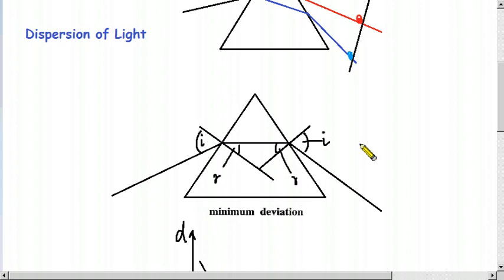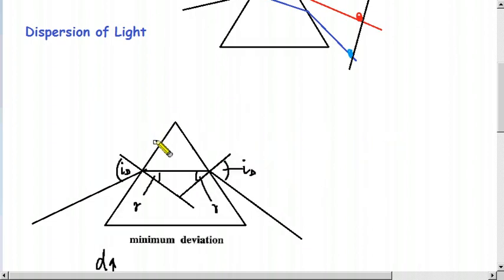At minimum deviation, this is what you can see. So children, this is the minimum deviation state. So how to find out the angle, the deviation angle? We have to extend this incident ray to show the incident direction.